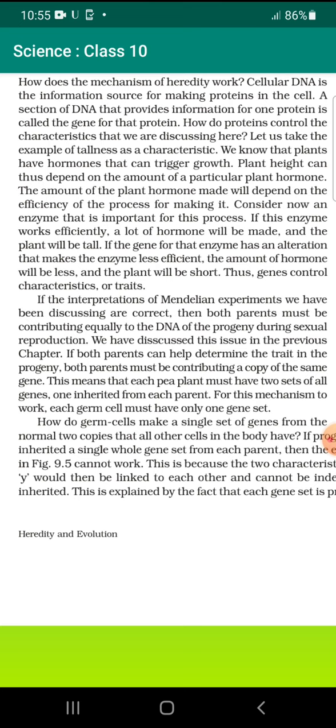If this enzyme works efficiently, a lot of hormone will be made and the plant will be tall. If the gene for that enzyme has an alteration that makes the enzyme less efficient, the amount of hormone will be less and the plant will be short. Thus, genes control characteristics or traits.